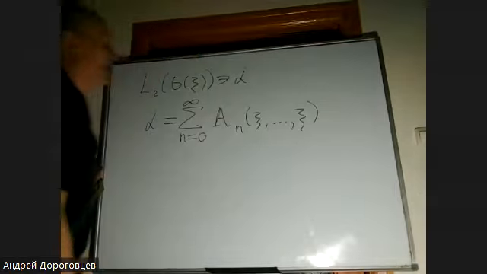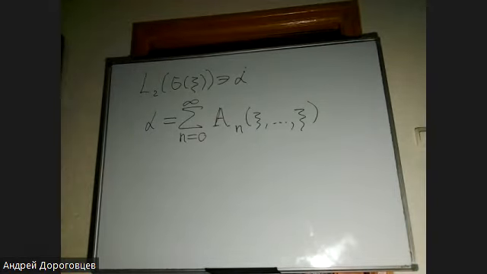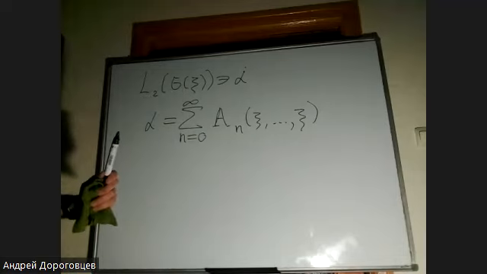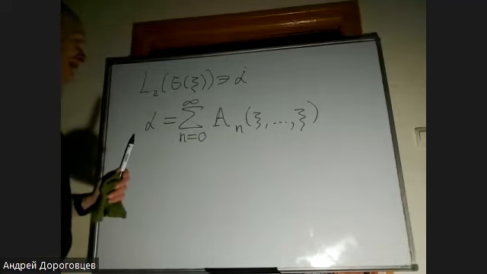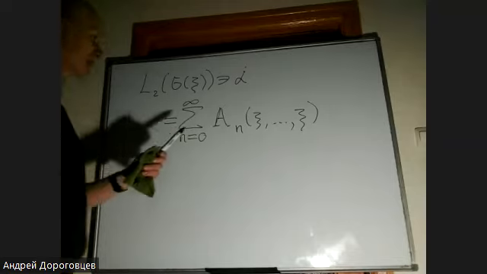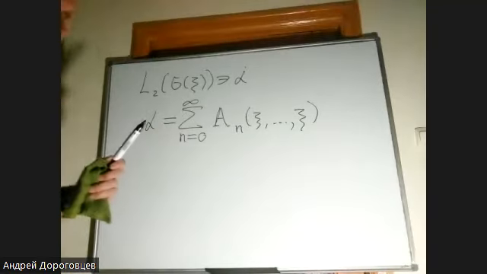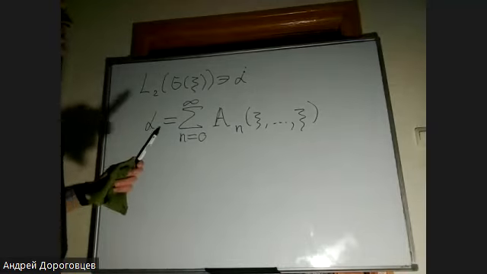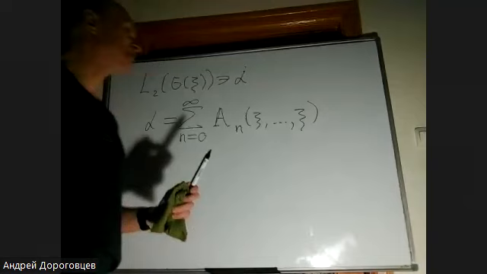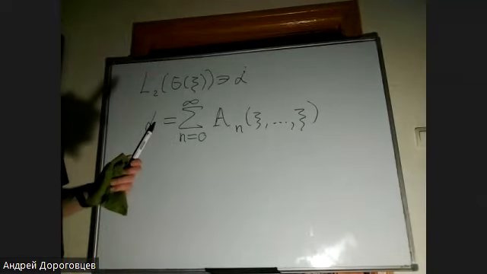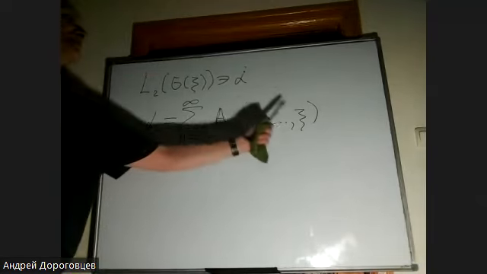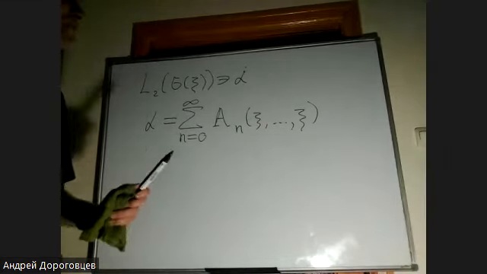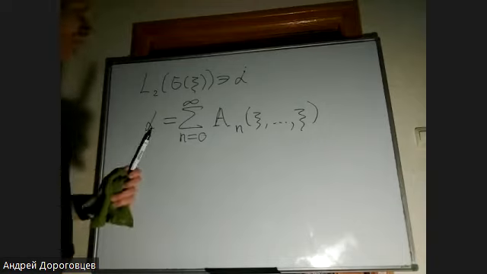We already have such a representation when H is finite dimensional, and we know that here a_n is a symmetric n-linear form, and this symbol denotes some special construction involving Hermite polynomials of the coordinates of psi.